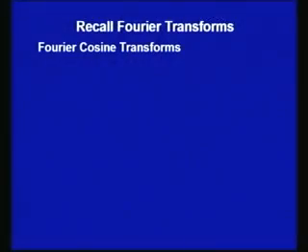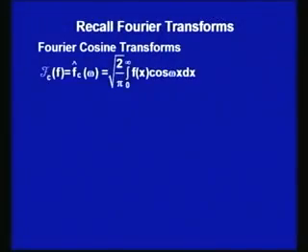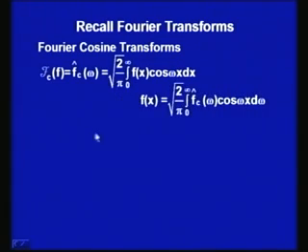Before going to that, let us recall those things, so that we remember how we can use them. So, the Fourier cosine transform, if you remember, we had defined as square root 2 upon pi integral 0 to infinity f(x) cos(omega x) dx, and its inverse Fourier cosine transform was f(x) equals square root 2 upon pi integral 0 to infinity f_c hat(omega) cos(omega x) d omega.